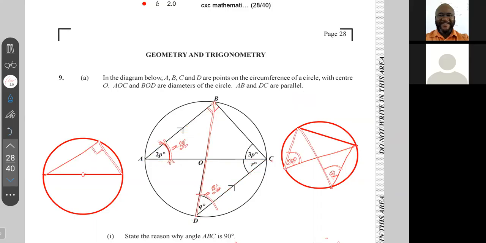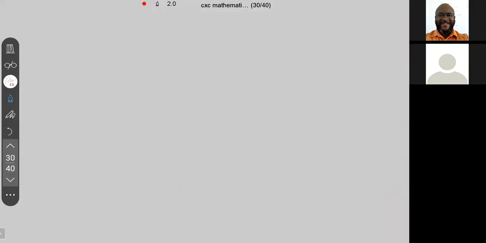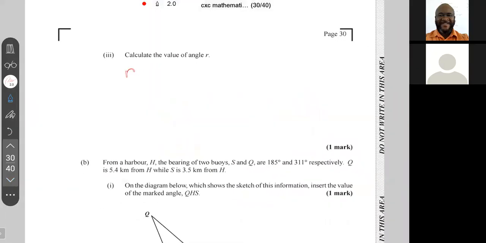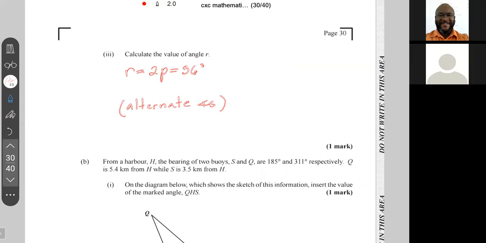So I'm going to say that R is equal to 2P, which is equal to 36 degrees. They are alternate angles. Your alternate angles are Z angles.